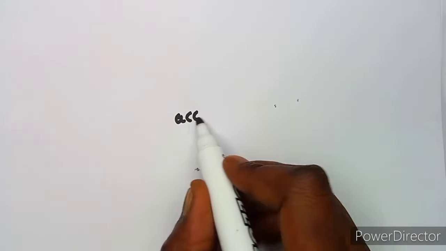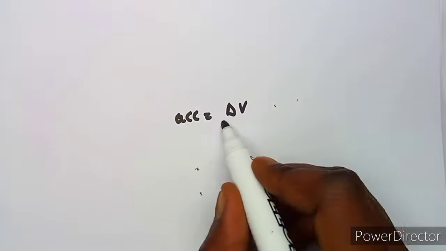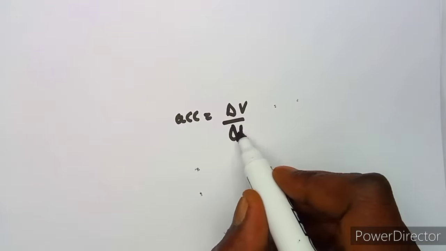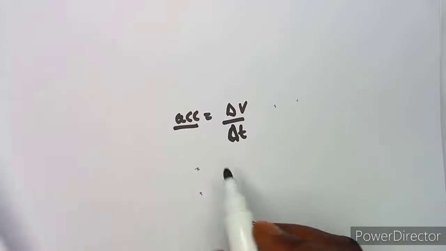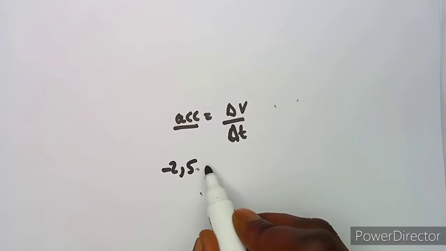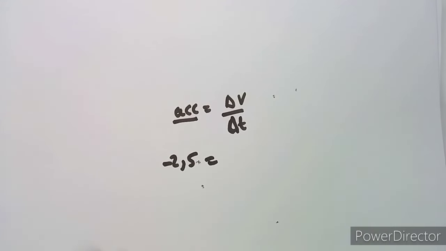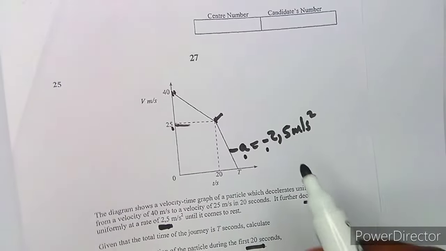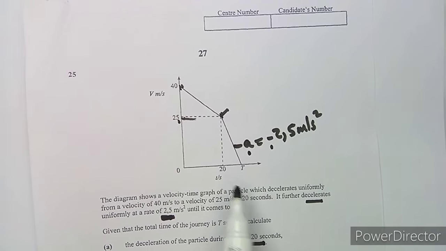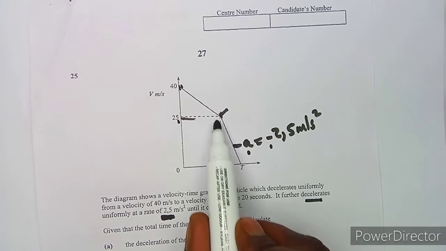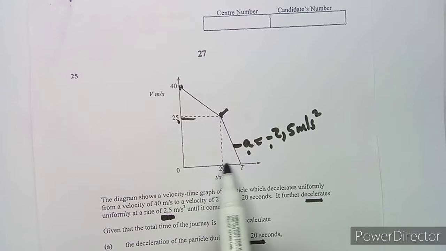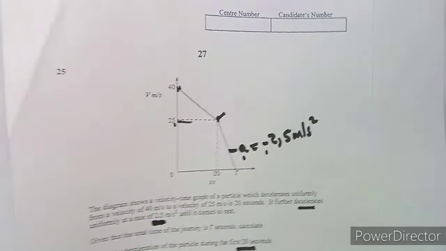So you calculate as you just did for acceleration, change in velocity over change in time, because we've got this acceleration of -2.5. So we're going to use -2.5, not 2.5. The change in velocity is going to be at rest, which is 0 minus 25, as you can see from this point to this point.